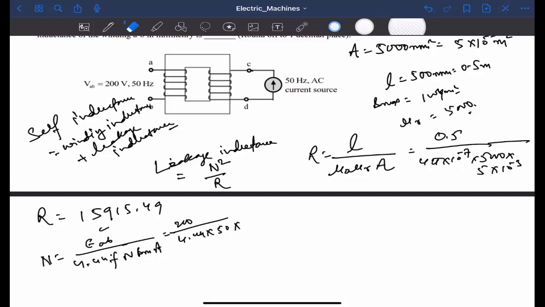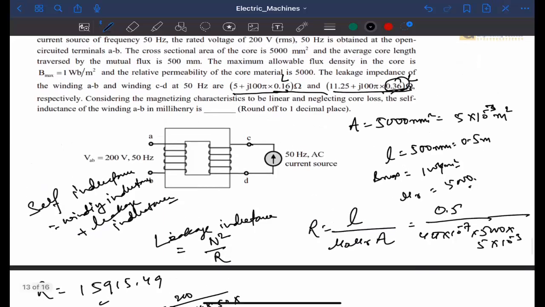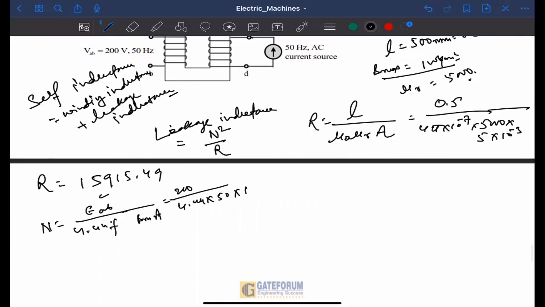You need to see that here it should not be N. And flux density Bmax is 1 Weber. So Bmax is 1. So it will be 181 turns.